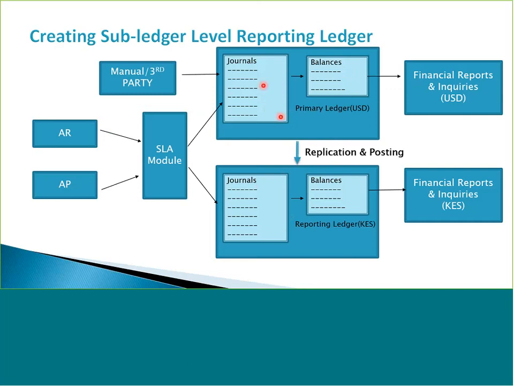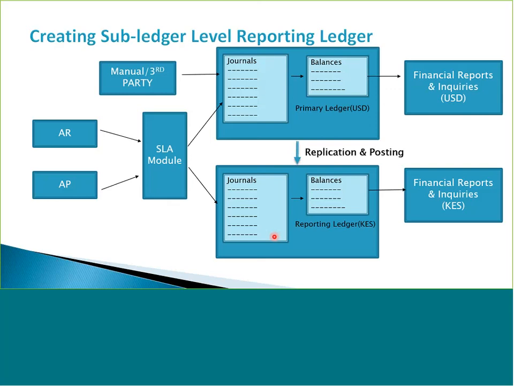So once you post these journals, which are entered manually directly into the GL or from third-party modules, that's when they are replicated and posted in the reporting currency ledger at subledger level. However, the ones that come from the subledger modules are created by create accounting. So once you run create accounting, it creates journals for the primary ledger and it creates journals for the reporting currency ledger.